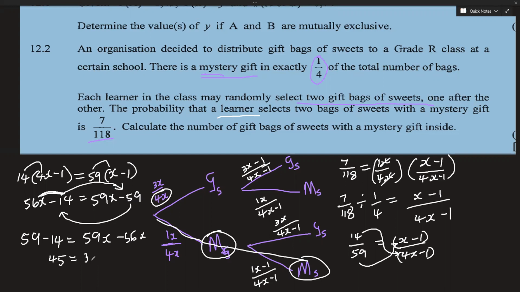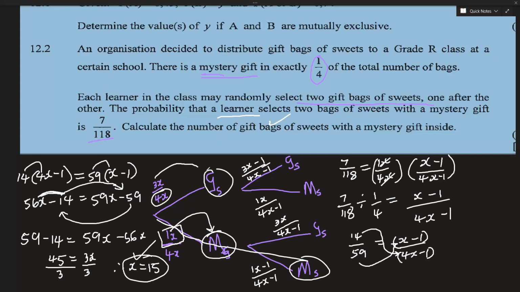And here we have 3x, then divide both sides by 3. Therefore, x equals 15. This is our final answer. So there are going to be 15 gift bags of sweets with a mystery gift, because you can see here that it's 1x. If they asked for the other sweets, we would say 3 times x, which is 45.